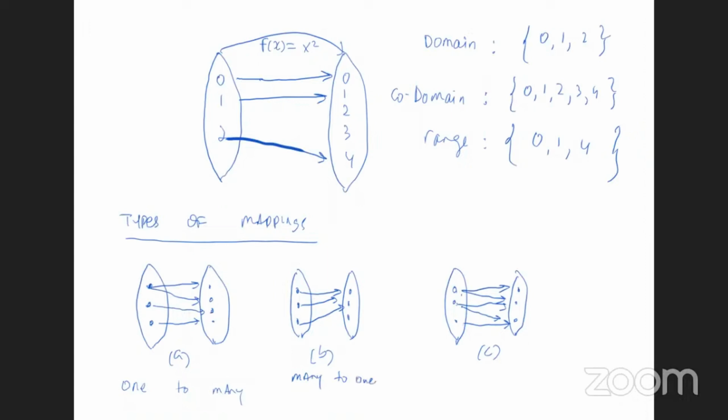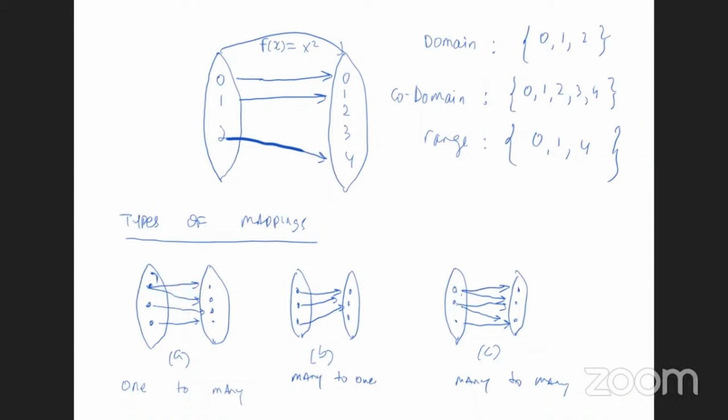And the last one is all over the place. In the last one you have one x to two y values and one y back to two x values and so on. You see that? So that's a mixture, right? So that's many to many. So the first one is one x value to many y values.